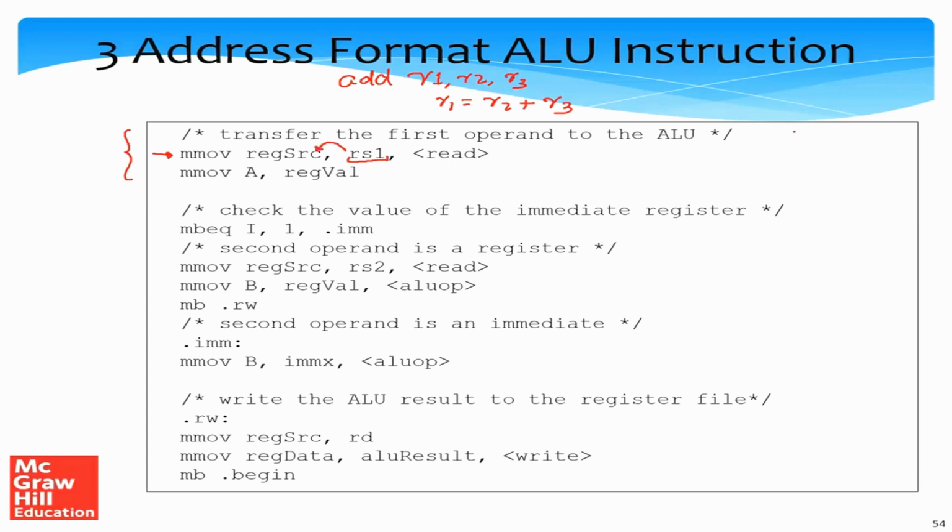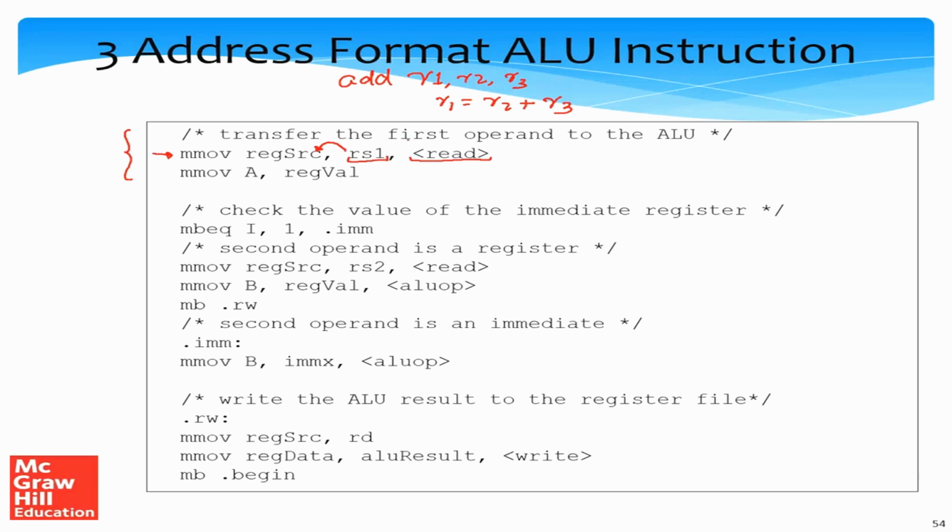So recall that the register file, the reg source instruction encapsulates it, and it contains the ID of the register that needs to be accessed. So we take the contents of RS1 and put it in reg source, and further what we do is that we send the arguments read on the bus. So which means that 2 things will happen. The contents of RS1 will go to the register file. They'll be saved in reg source.